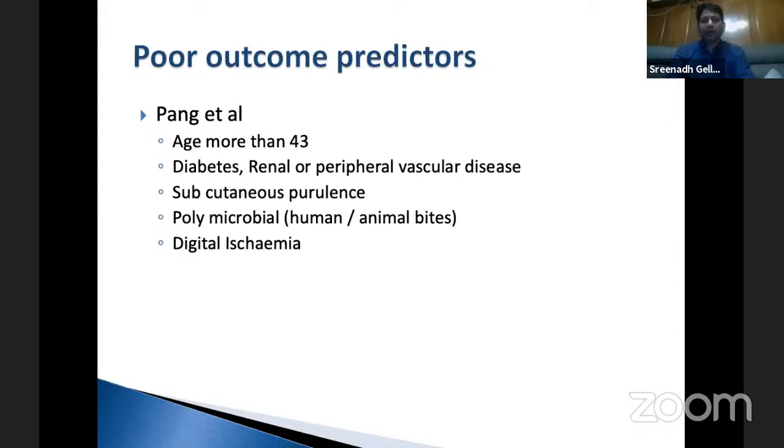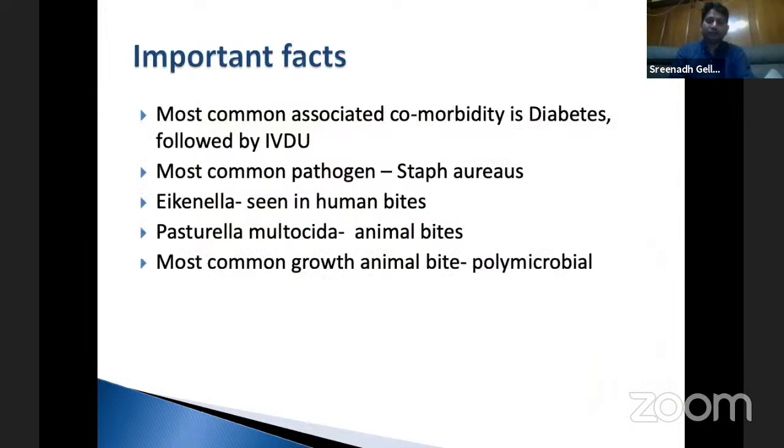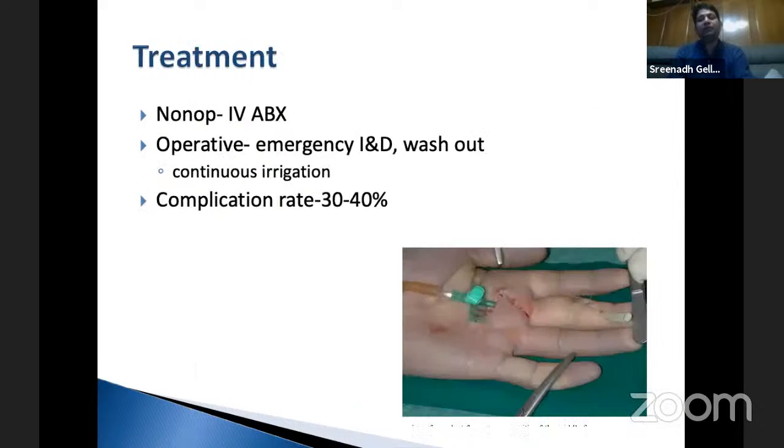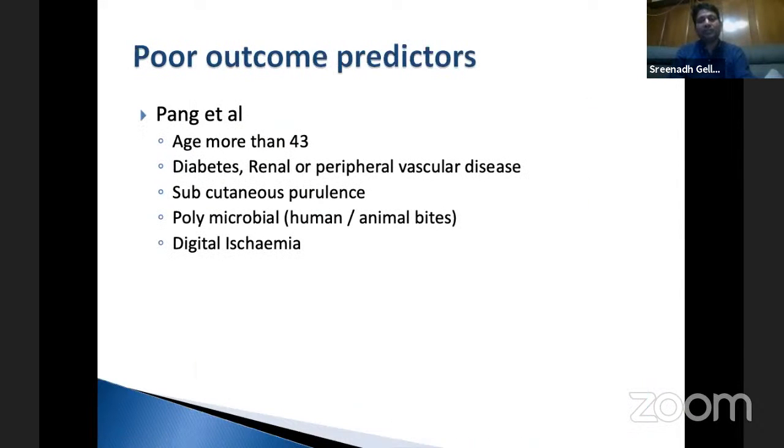As I was mentioning before, if we go back and recollect our photograph, usually they give some information about the patient, saying that the patient is 45 or 50 years old with a previous history of diabetes.